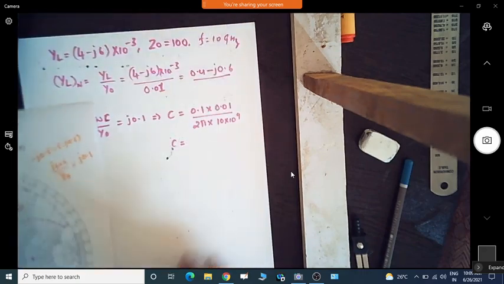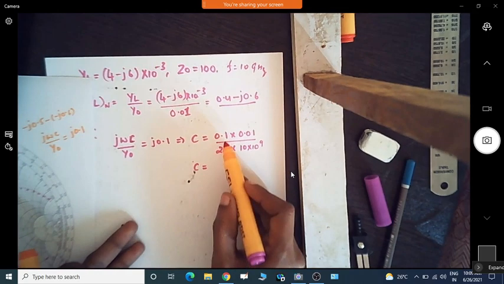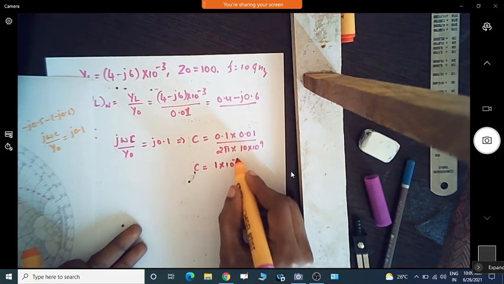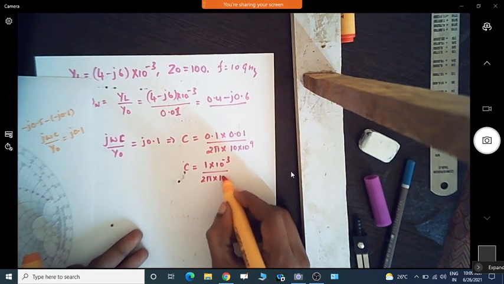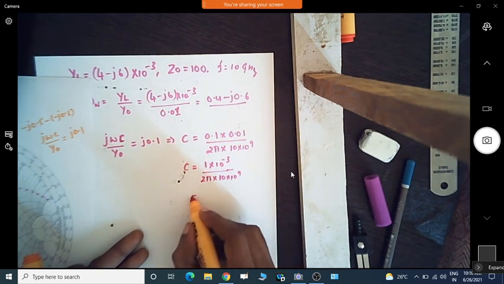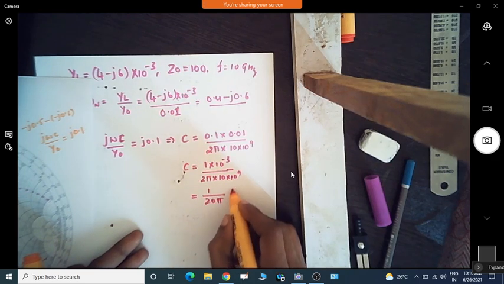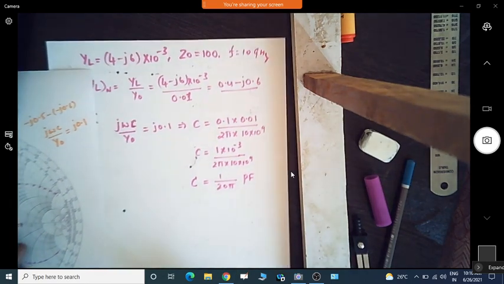Now what is the capacitor value? 1 into 10 power minus 1 and 1 into 10 power minus 2, we can write 1 into 10 power minus 3, divided by 2 pi into 10 into 10 power 9. Taking this, we get 1 over 20 pi picofarad. What is the value of 1 over 20 pi?